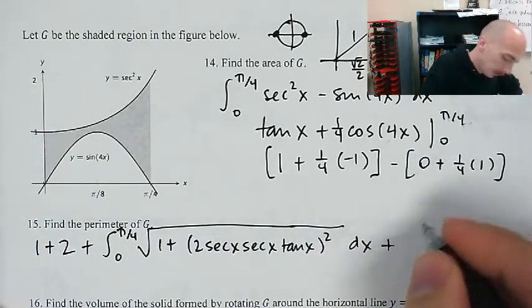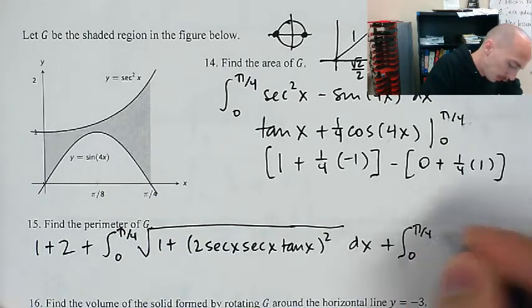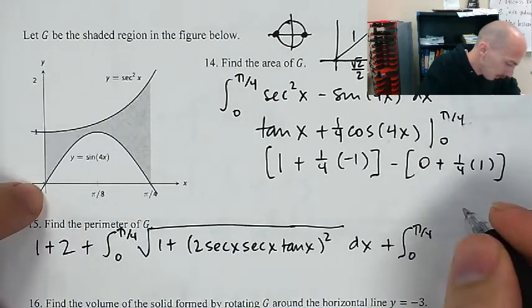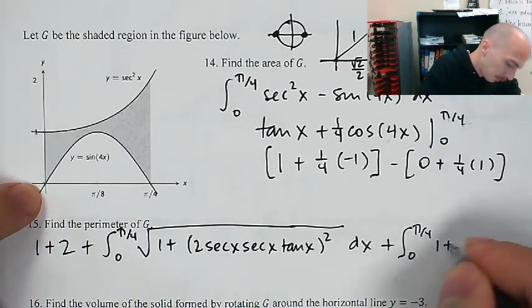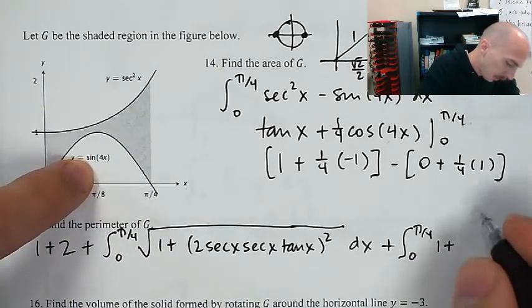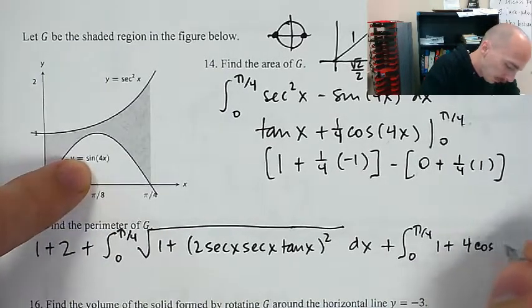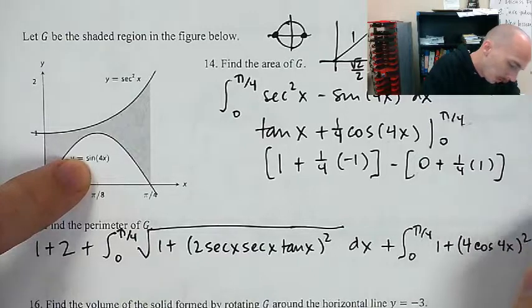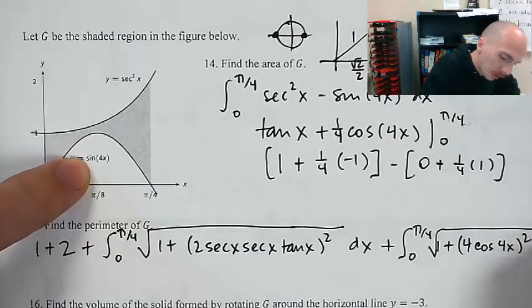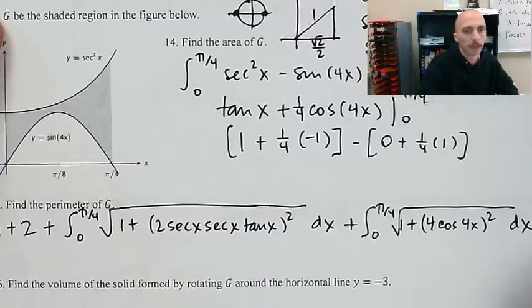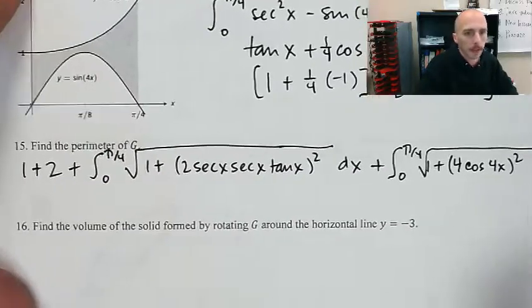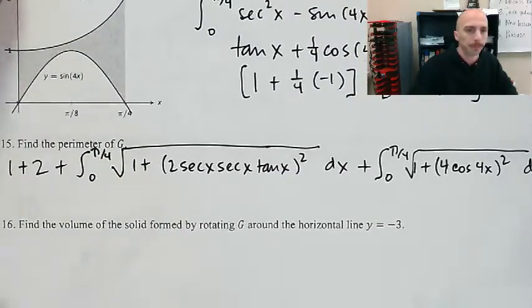Plus then an integral for the bottom curve: 1 plus the derivative of sine of 4x, which would be 4 cosine of 4x. We're going to square that, throw it inside a square root, and integrate it with respect to x. Okay, that's a lot.